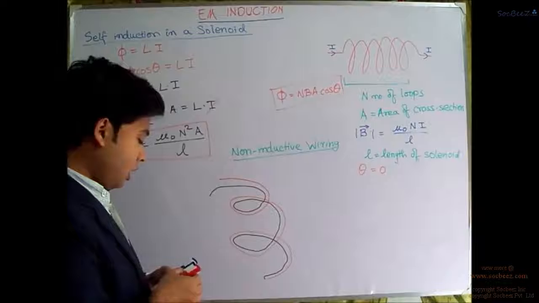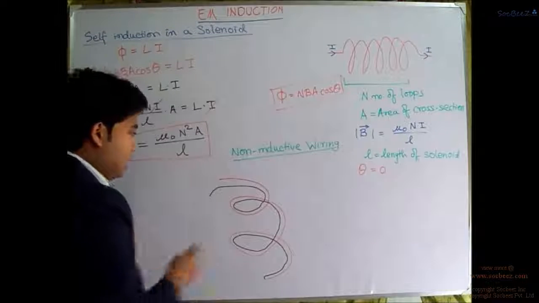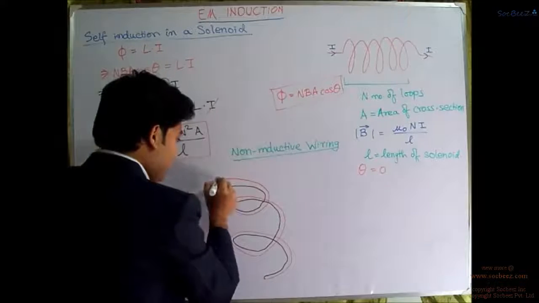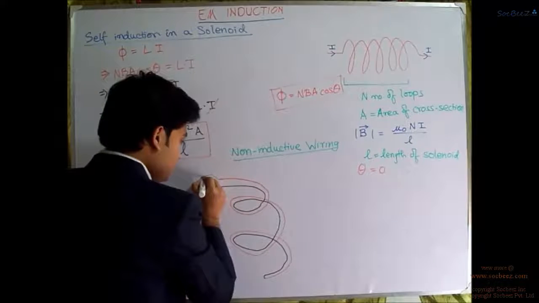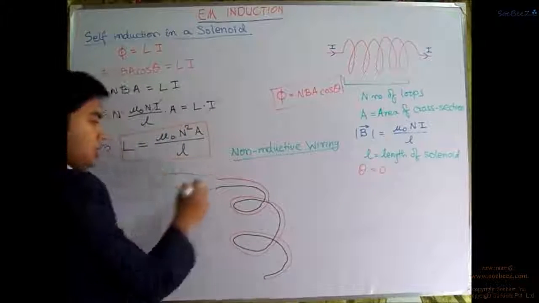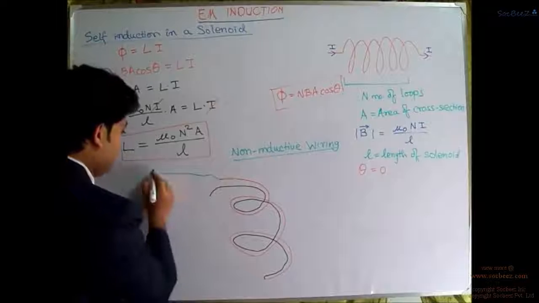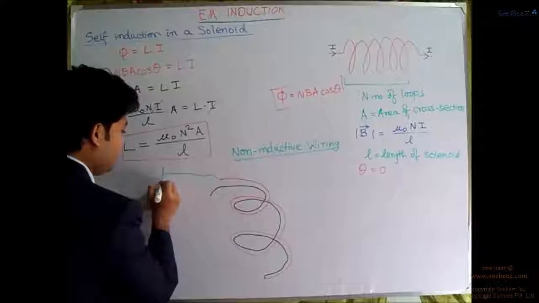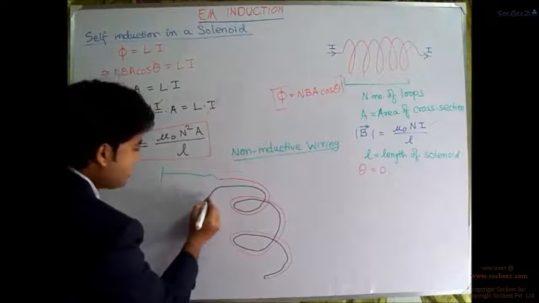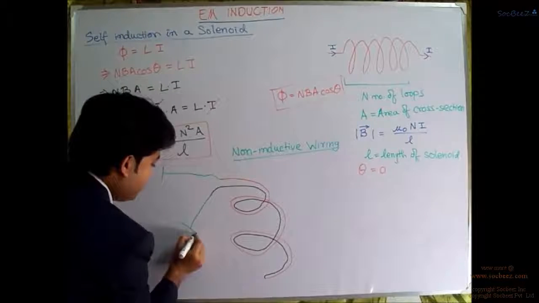Okay? Let this be a point from which the current was coming and it is connected over here, and this is another point to where it is going.